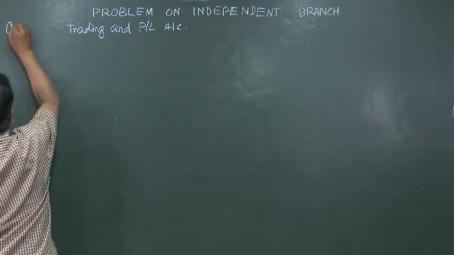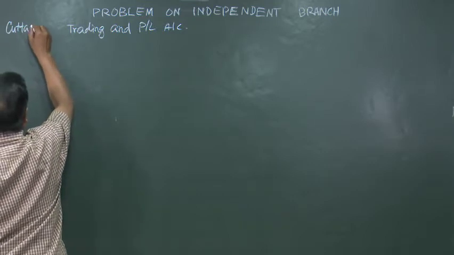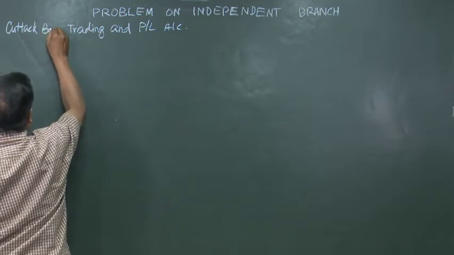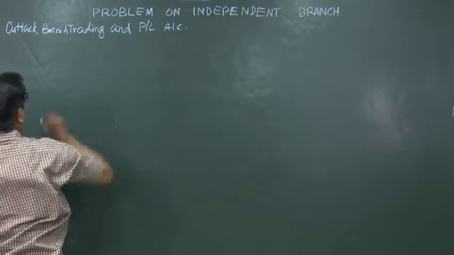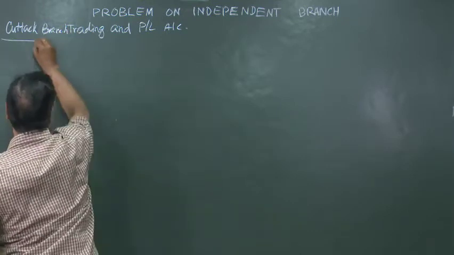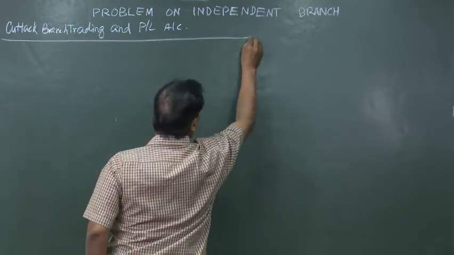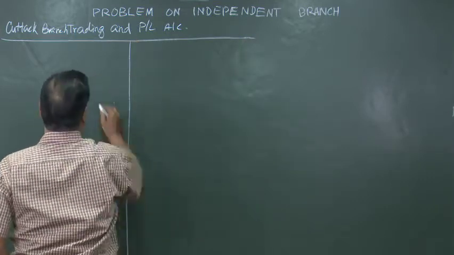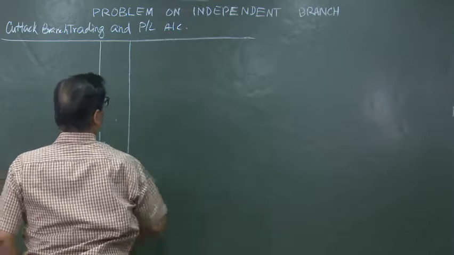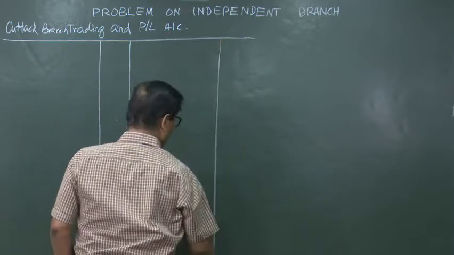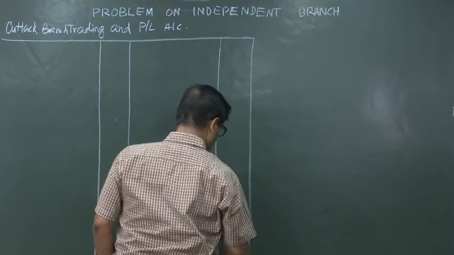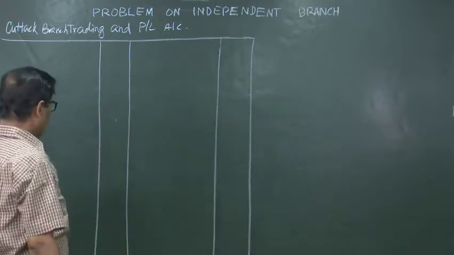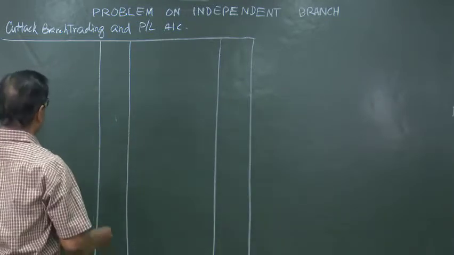In this way, we will be preparing one trading and profit and loss account, this is Cuttack branch trading and profit and loss account. And also the balance sheet we can prepare here.